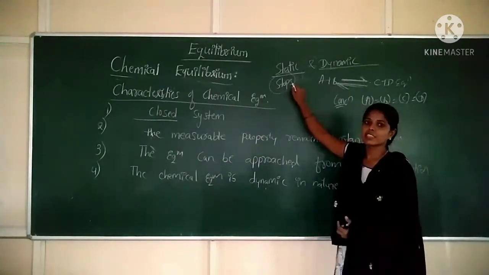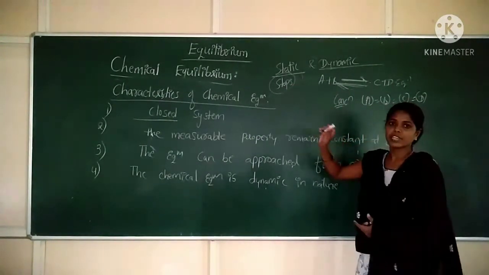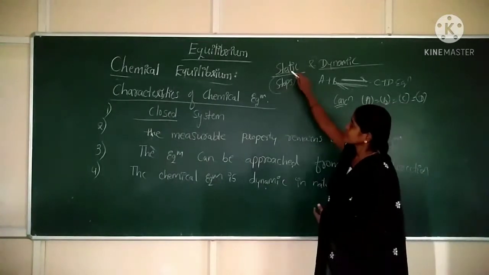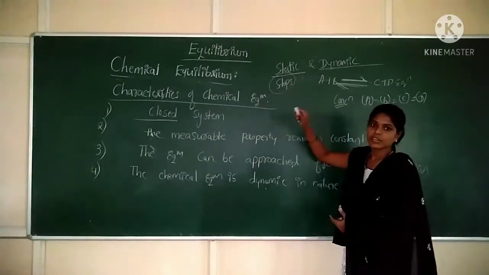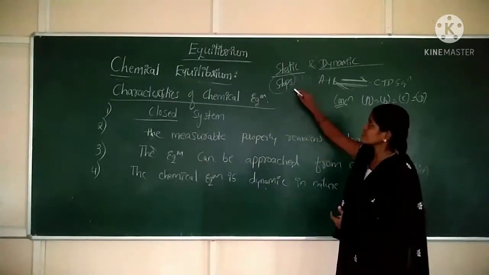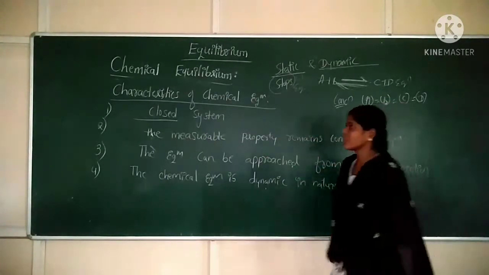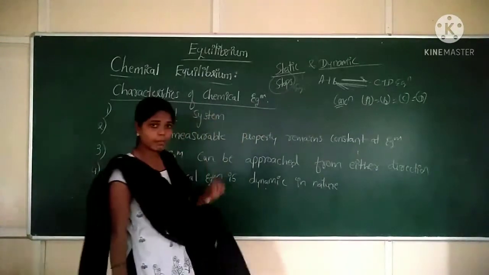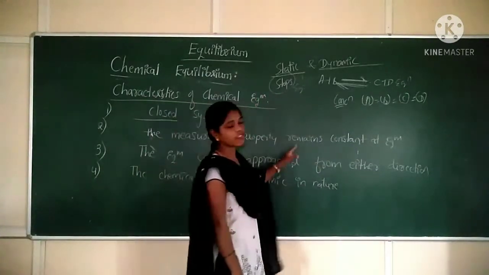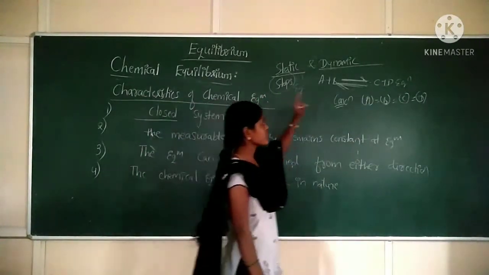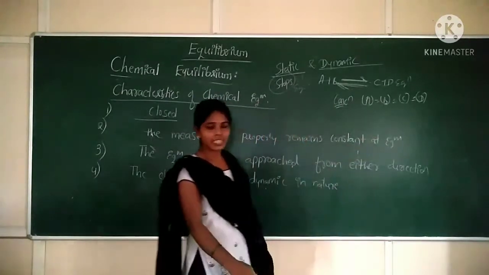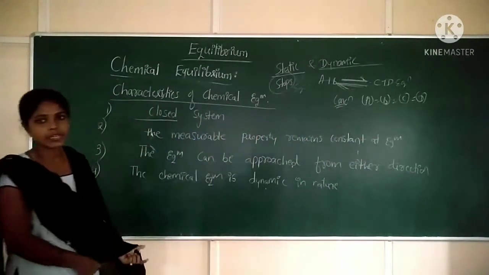Static equilibrium means there is no movement of the reactant as well as product. The process will stop at the equilibrium. If the process is continuously taking place, that will be called a dynamic equilibrium.